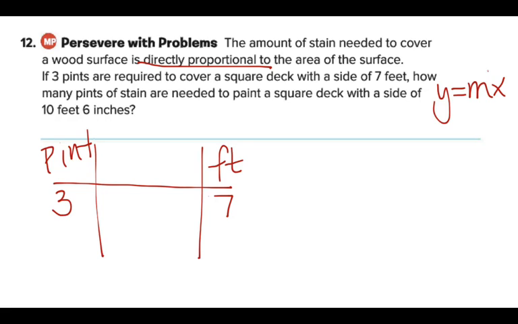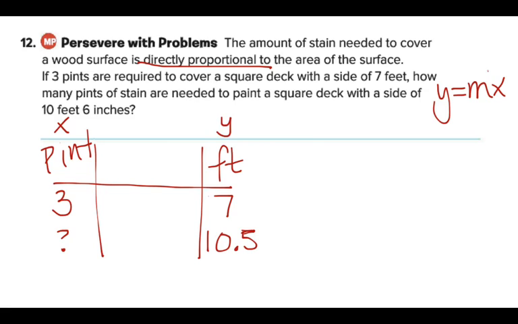Now, I don't know which is the x and which is the y. Honestly, we will get the same answer either way. So my focus is now to find out 10 feet 6 inches is 10.5 feet. So I need to know how many pints for 10.5 feet. Okay, so I'm just going to call the pints x and the feet y, just because.